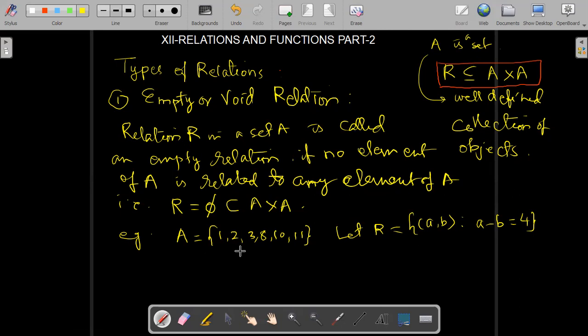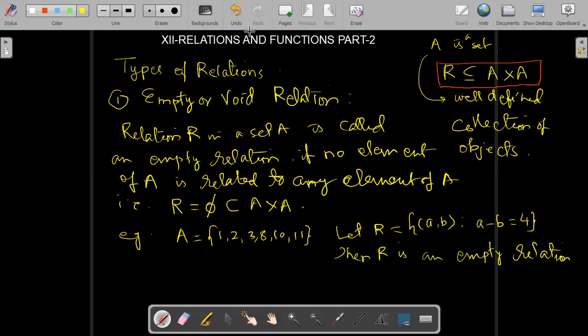There is no ordered pair where the difference is 4. Therefore R is empty. R is an empty relation. If it is defined like that, we can say it is an empty relation.